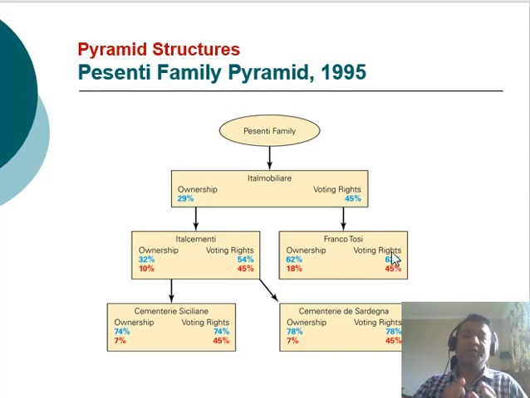So this is the way they created the pyramid structure, where one company has the controlling interest of the second company or the third company. In this way, without actually holding 50% of the companies' shares, they might have only 25% of shares, but they might have the controlling voting right of more than 50% of the companies.